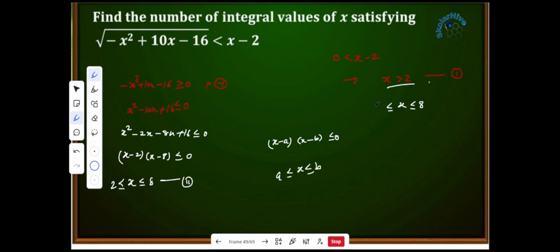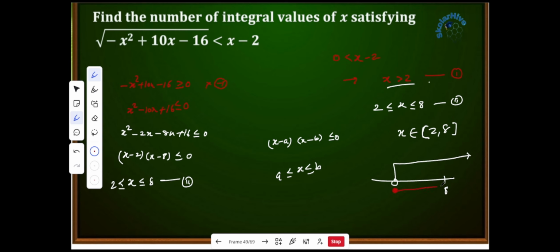If we take the intersection of these two, as 2 is not common to both, and the values of x are bigger than 2 but less than or equal to 8, from this we get x from 2 to 8. 2 will not be included, because one condition is given as bigger than 2 and the other is given from 2 to 8.